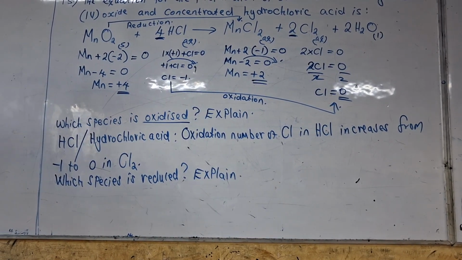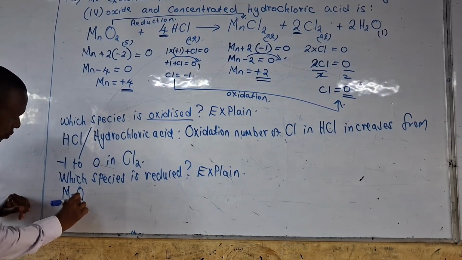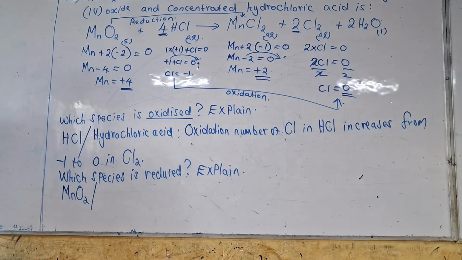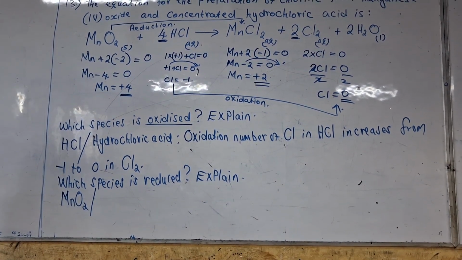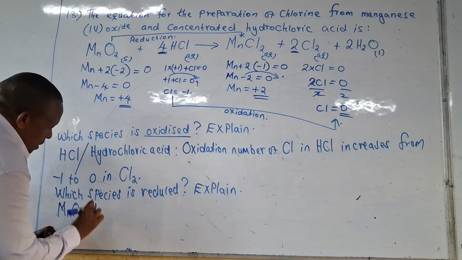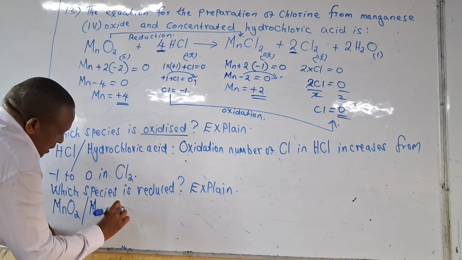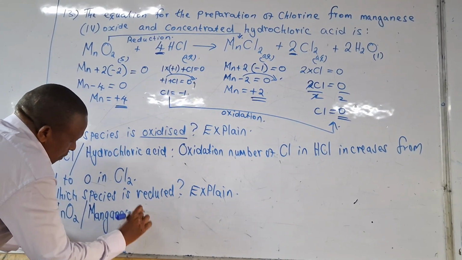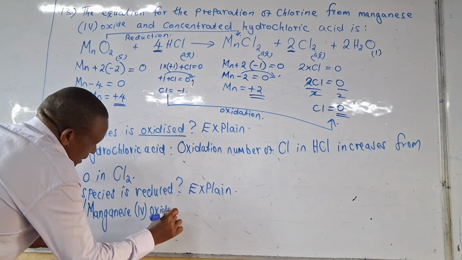So you write what? MnO2, you can write either the formula, that is MnO2, or you can write what? Manganese(IV) oxide.